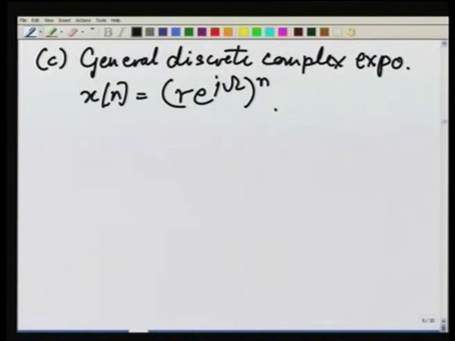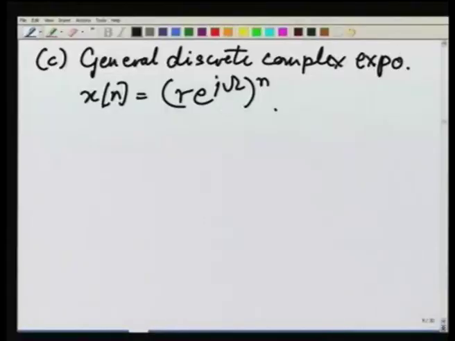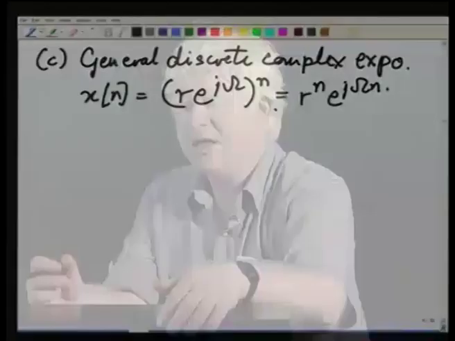We can proceed to discuss this along lines similar to the manner in which we discussed the general continuous time complex exponential. There we showed that this general complex exponential can be expressed as a product of a real exponential and an imaginary exponential. Let us do the same thing over here and rewrite this as r to the n times e to the j omega n. Immediately it becomes clear that what we have on hand is an expanding helix.